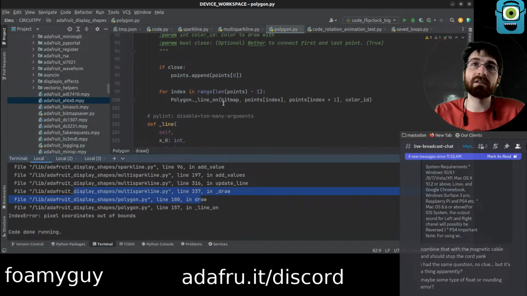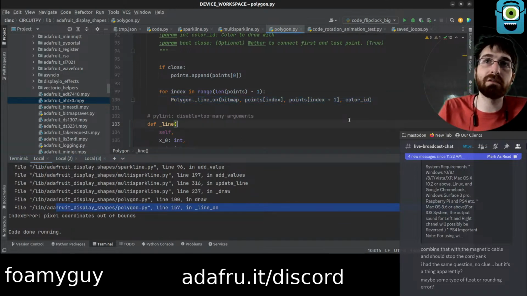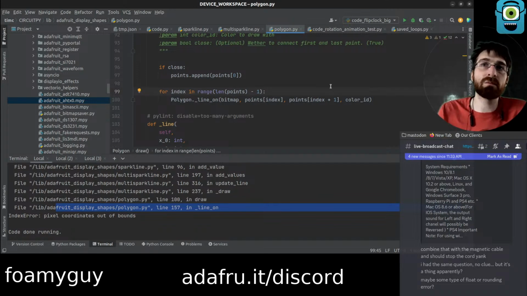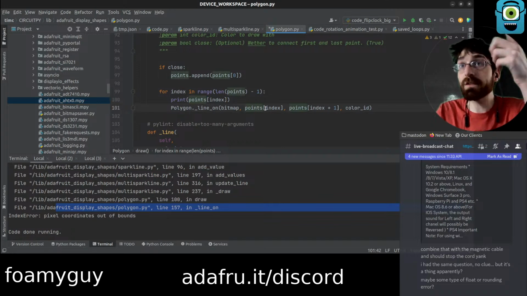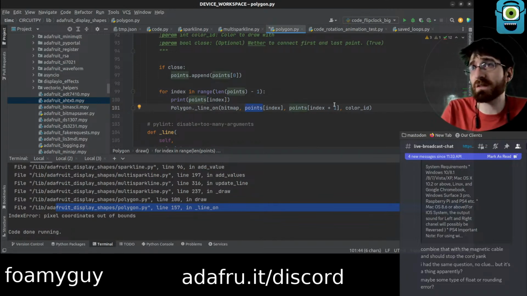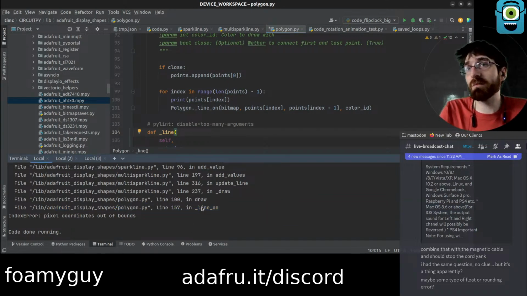Inside of here is our line on 157. Let's print these. We print these points. These points, yeah. Let's print these, right? Or is our index error into points? That might actually be pixel coordinates out of bounds.